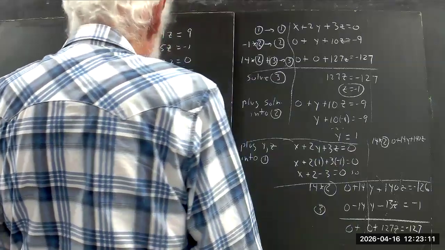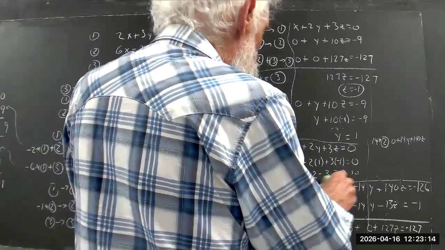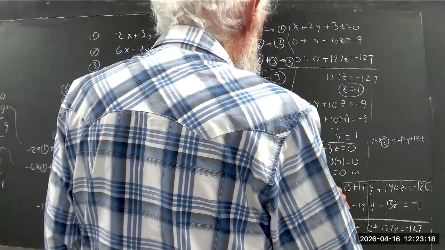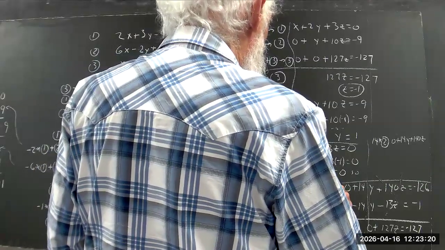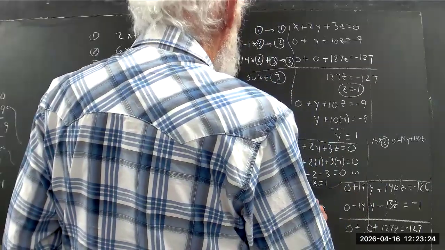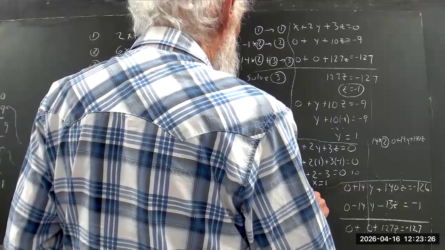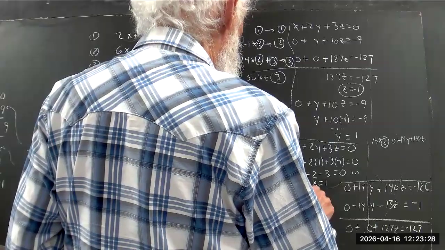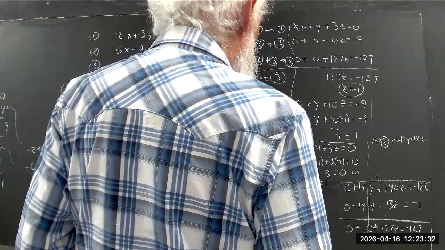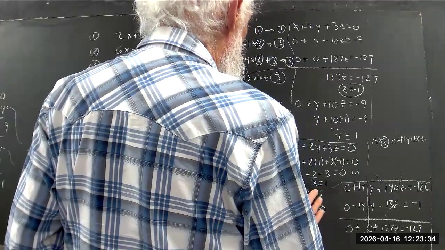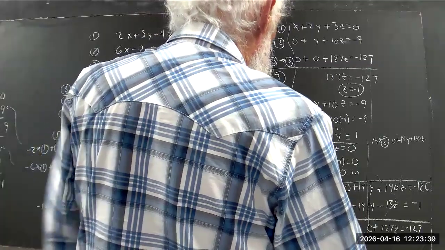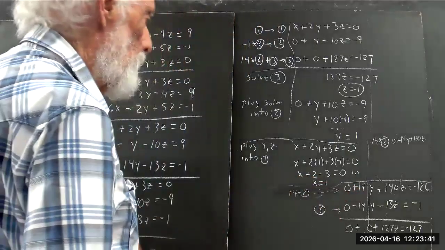I don't have room to write that, so we'll fudge a little bit. So enough room to write it. Gives me x equals 1. And I'll label this so that I haven't changed what I'd written before.